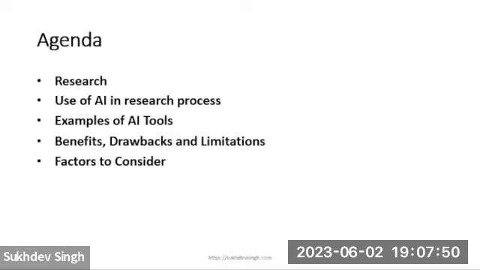Then we will see the benefits, drawbacks and limitations of such artificial intelligence tools in the research process, and factors to consider for what tools can be used for particular research.